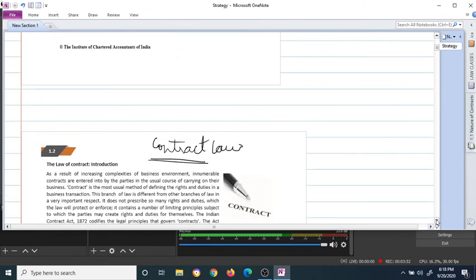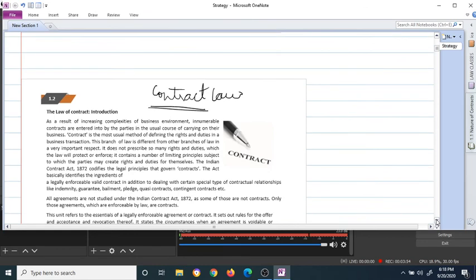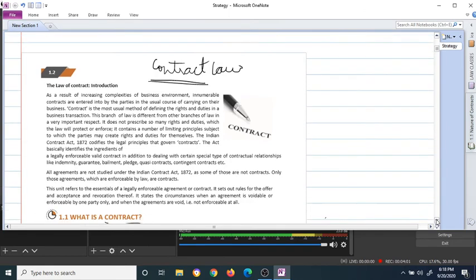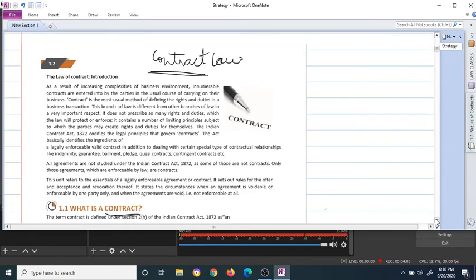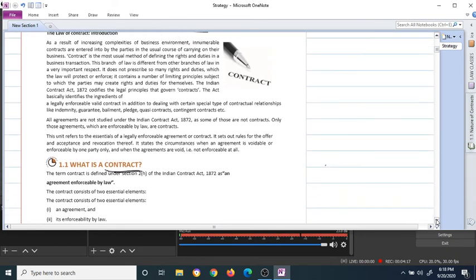So the written document has a lot of importance in the present days. That's where it's important for us to understand which contract is valid and which is not. As a chartered accountant, we should be able to identify a proper contract, and that will help us take the right business decisions. That's why it's important for us to learn contracts.